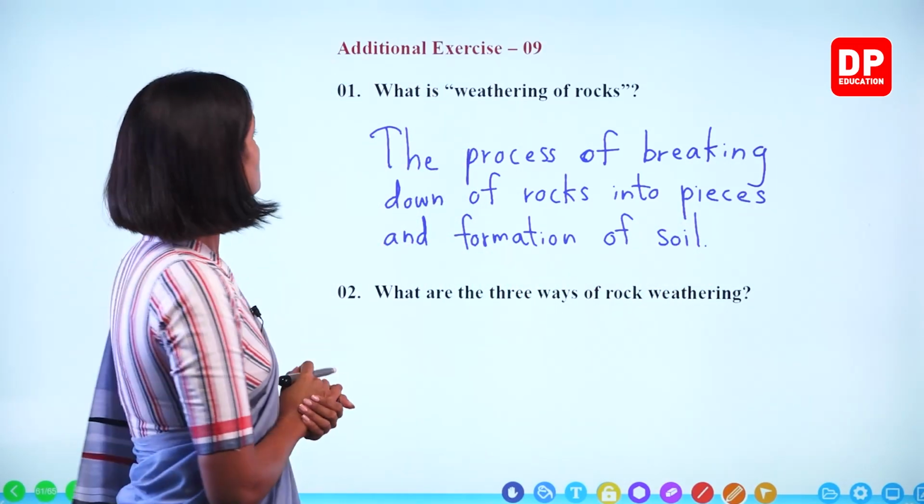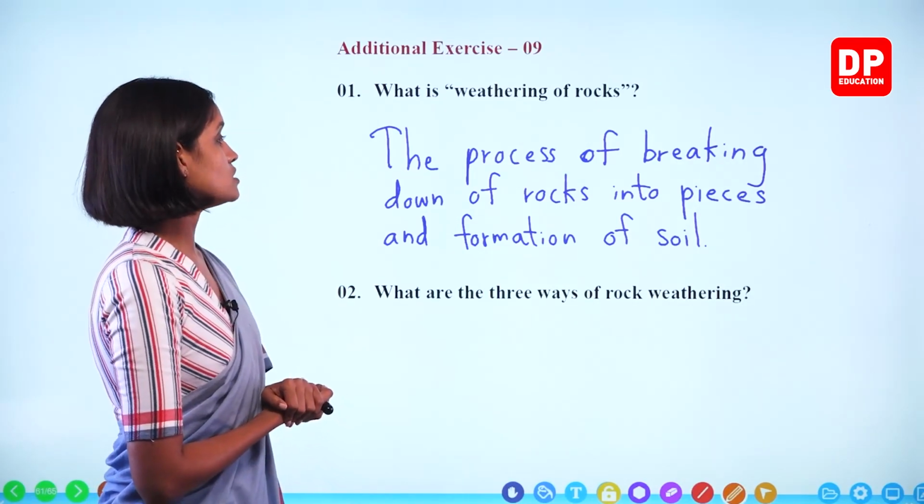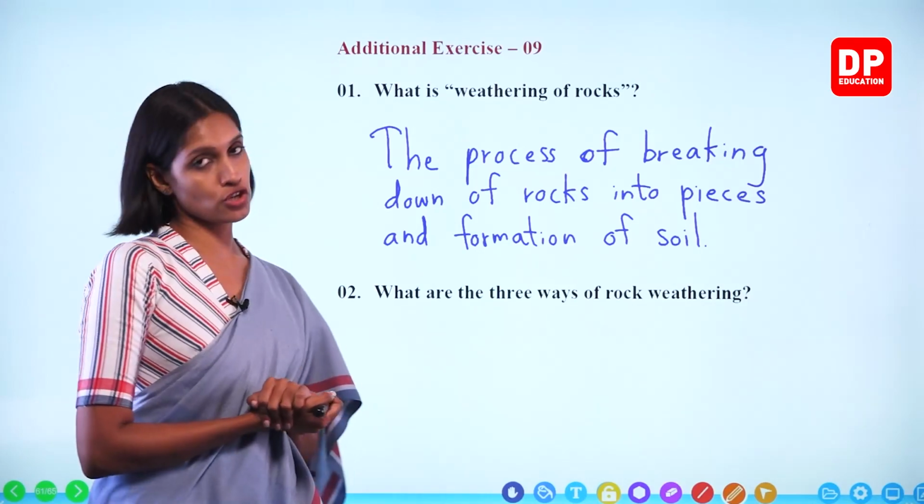Right, children? What is weathering of rocks? The process of breaking down of rocks into pieces and formation of soil.